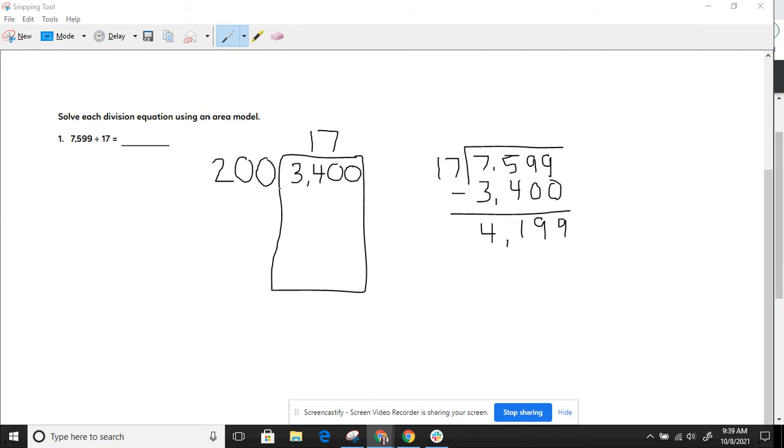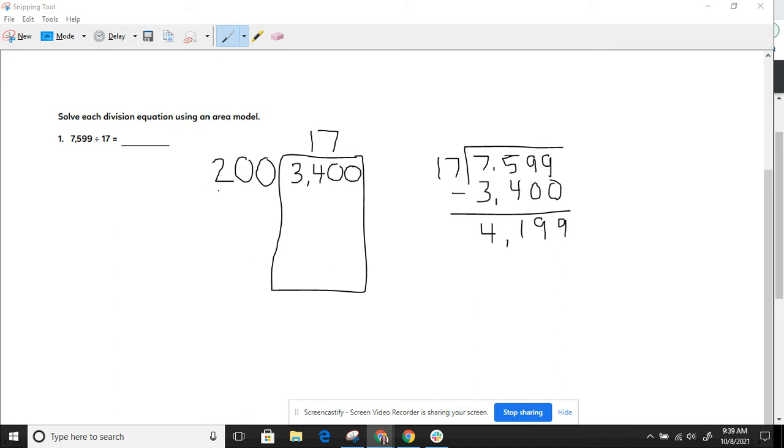Okay, now I'm going to repeat what I just did. I'm going to go back to my area model, my rectangle, and repeat these steps. What number can I multiply by 17 to get close to 4,199? In the step before, we got 3,400. That's pretty close to 4,199, so I'm going to use 200 again.